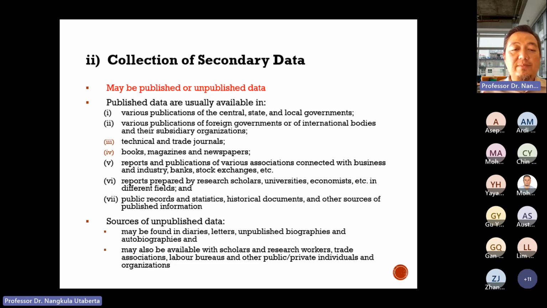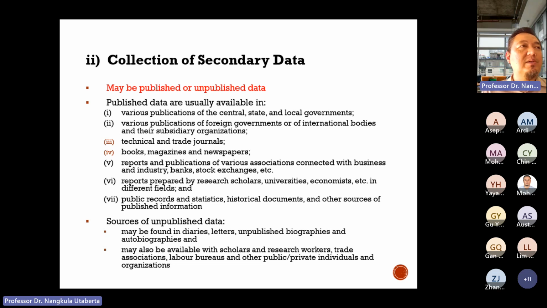But you also have some unpublished data, for example diaries. Sometimes you go to an architect, for example. I meet some of the famous architects. He has notes, books. He or she sometimes sketches for me, showing this is the idea that I would like to develop. Those things are called unpublished data.